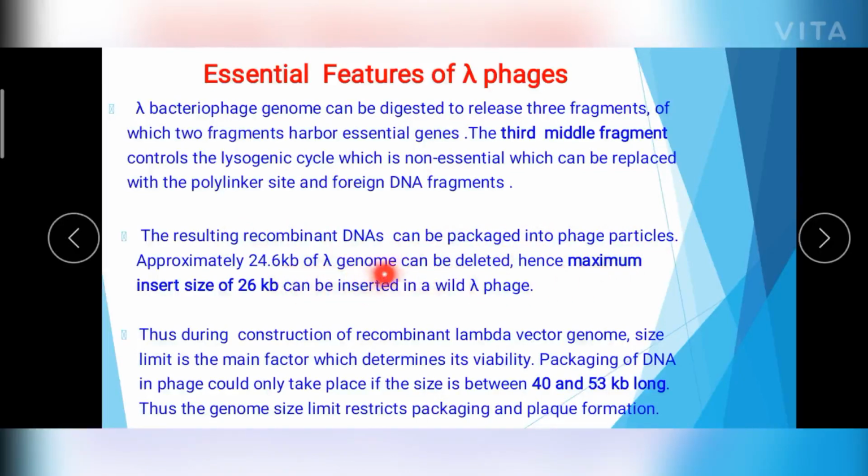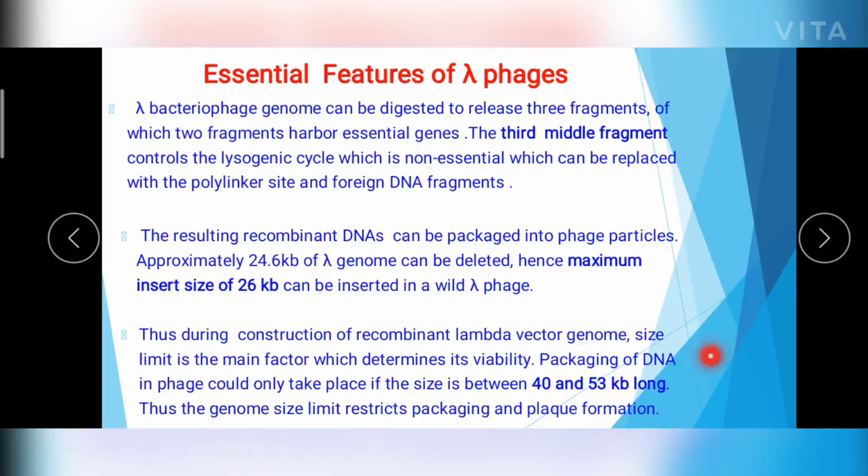Approximately 24.6 kb of the lambda genome can be deleted and a maximum of 26 kb of foreign genes can be inserted in a wild lambda phage. So during the construction of this lambda vector genome, the size limit is the main factor which determines the viability of the virus particle.